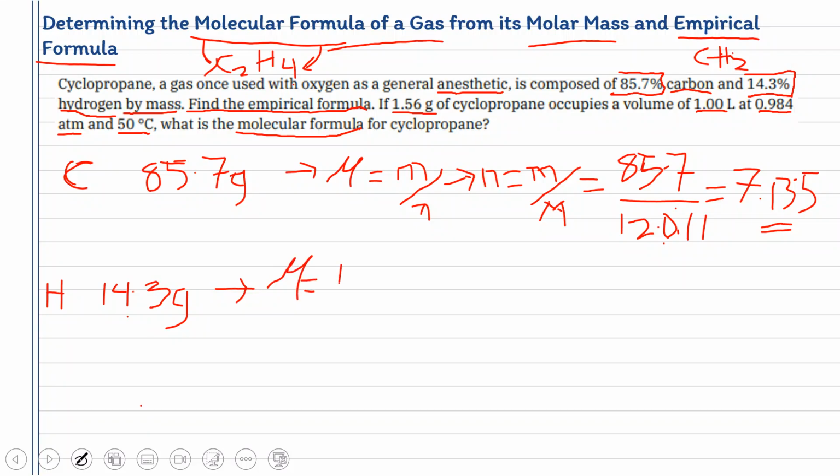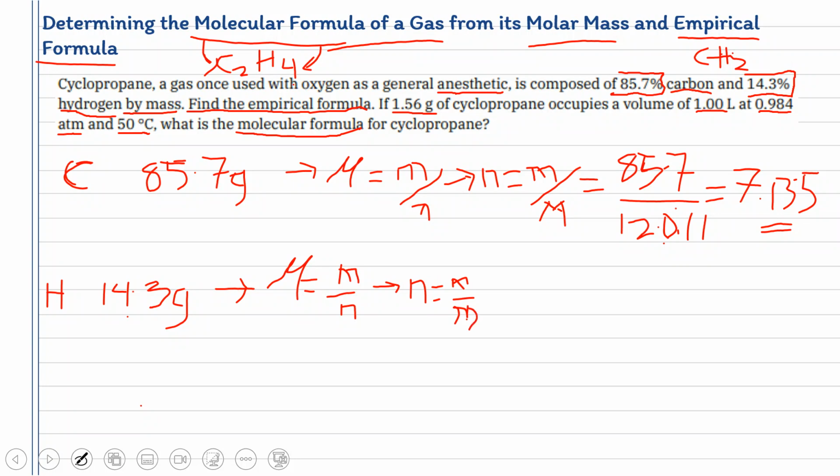We said molar mass is equal to mass over mole, or you can go straight away and make mole the subject because we're finding the mole, and we're going to have mass over molar mass.